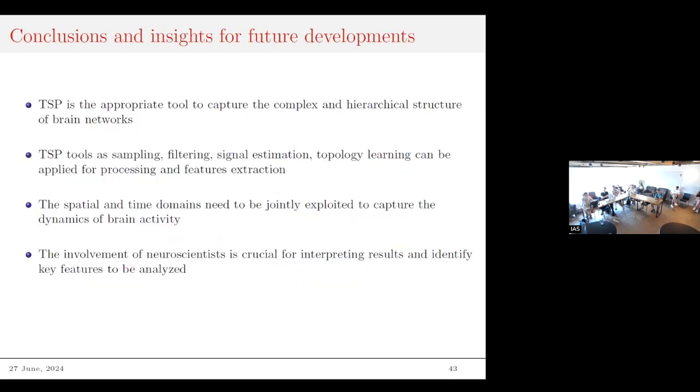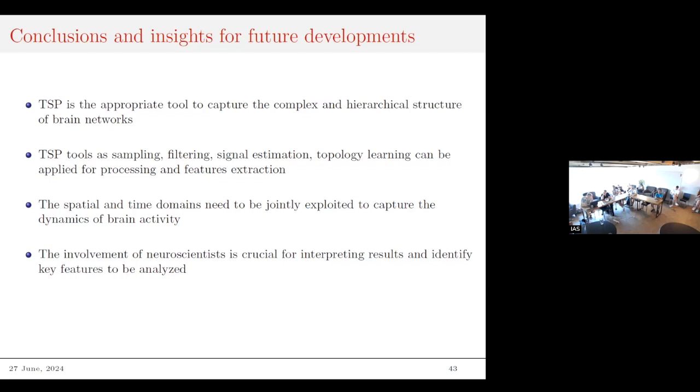I think that topological signal processing is the appropriate tool to capture the complex interactions in brain networks, so we can do sampling, filtering, and so on. We can learn the topology, structure, and features. I think that we need to consider the spatial and time domain jointly in order to capture the dynamics of the brain activity.